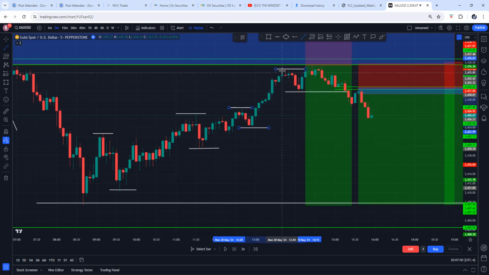Now tell me, strong high or weak high? That's why I want you to go through your charts, seeing it as much as possible. Strong high or a weak high? Why is it a strong high?